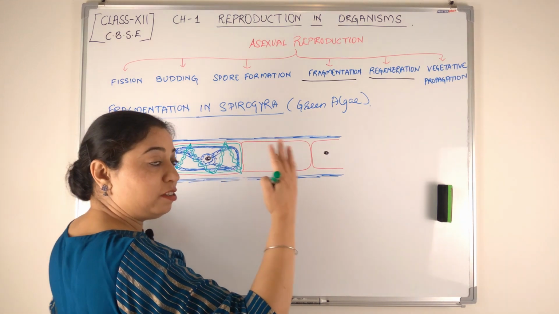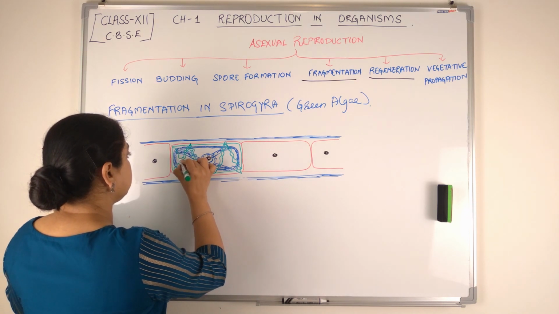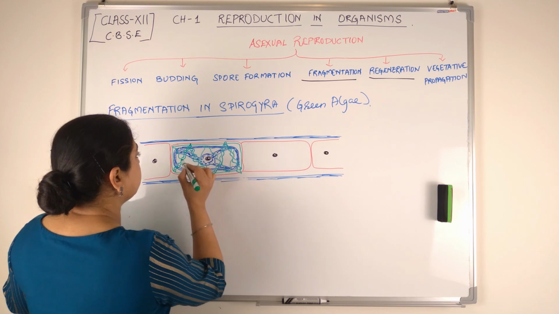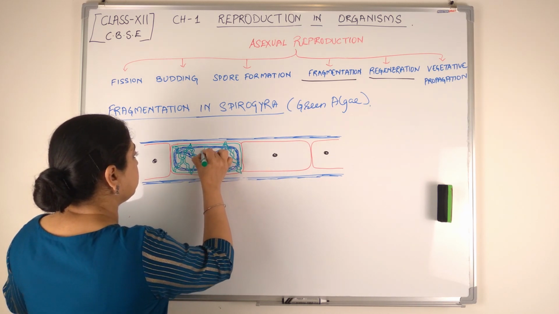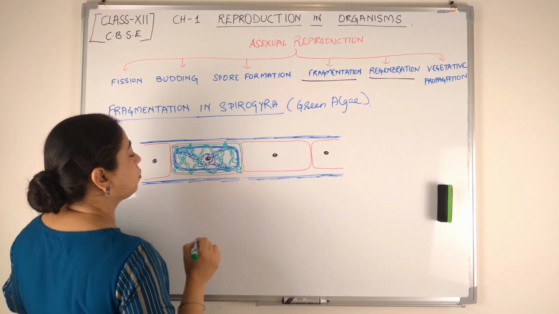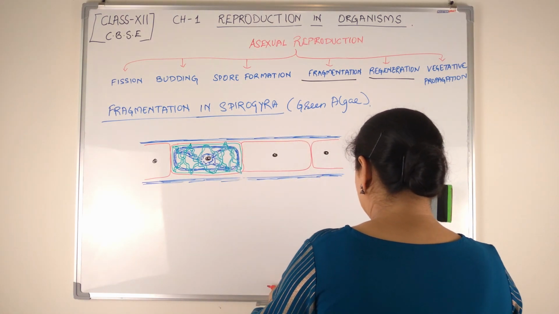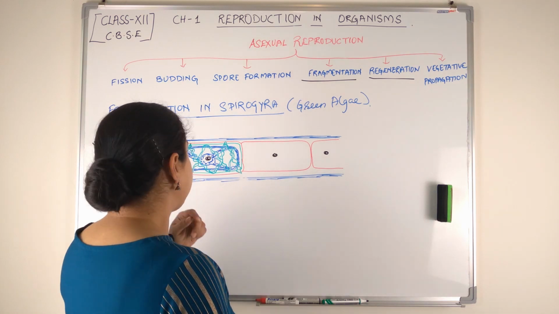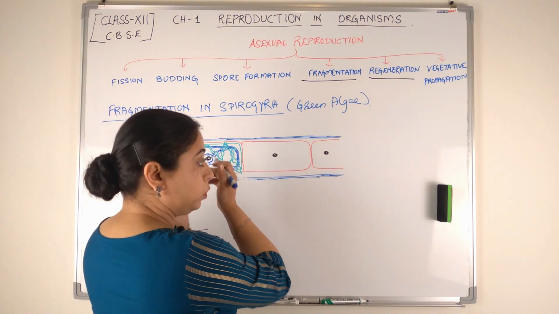It's a ribbon-shaped coiled structure. So this is how a Spirogyra filament looks. A similar structure will be present in the other compartments or cells.